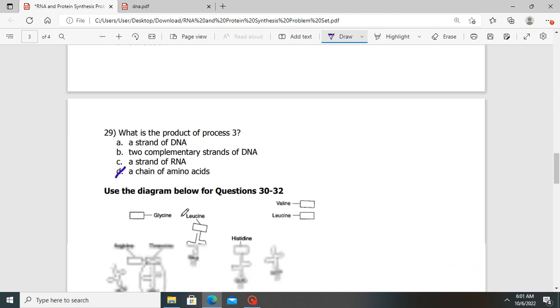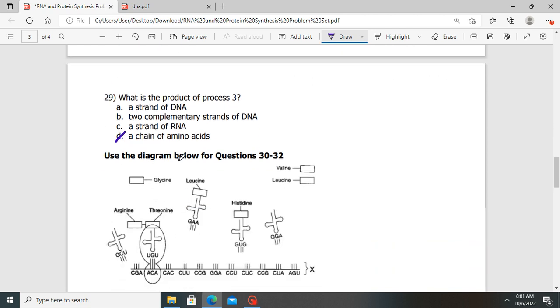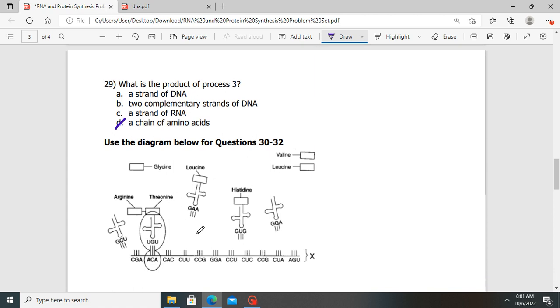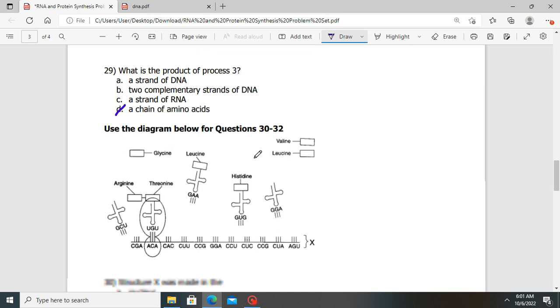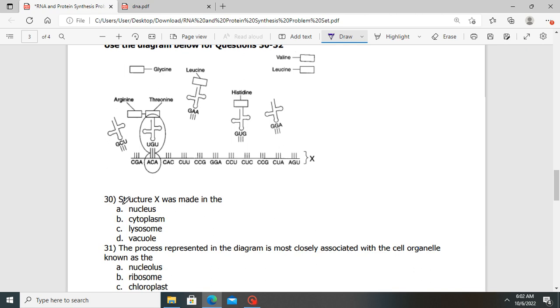Use the diagram below for questions 30 to 32. This is a diagram for translation occurring in the cytoplasm of a cell. Structure X was made in the nucleus, since X is a messenger RNA.